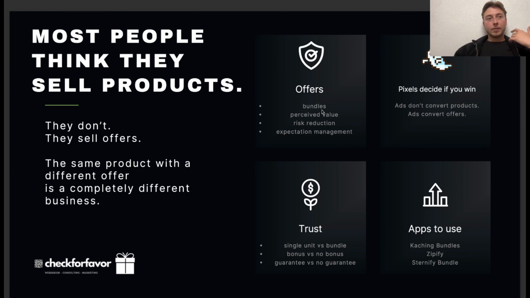Also on top, trust, right? Maybe you don't have enough trust on your website. Your website just looks like a typical dropshipping store, and in some cases it still works. We should be sure that everything looks correct, and as I said, I'm going to show you some examples. As I explained, guarantee, no guarantee, you can give some guarantees, some bonuses, and this is very, very important.